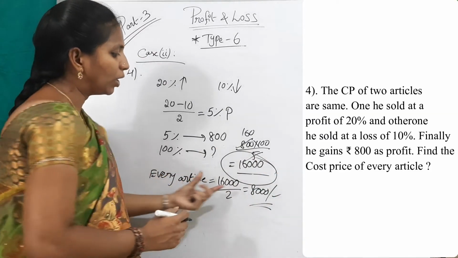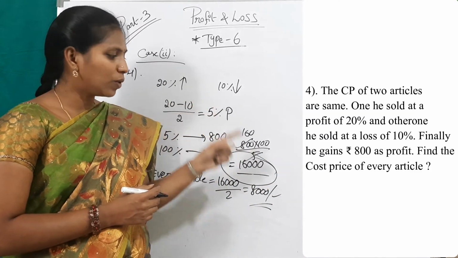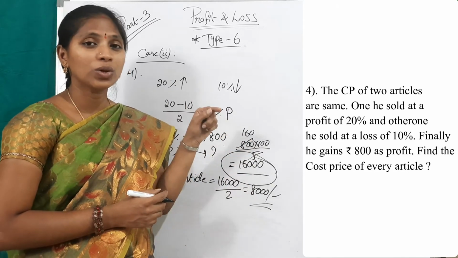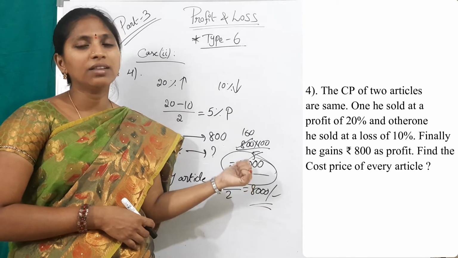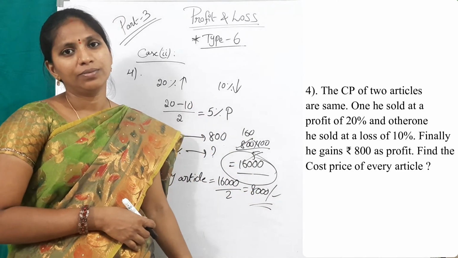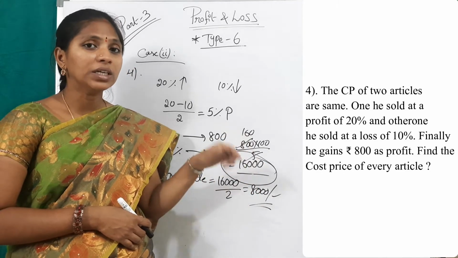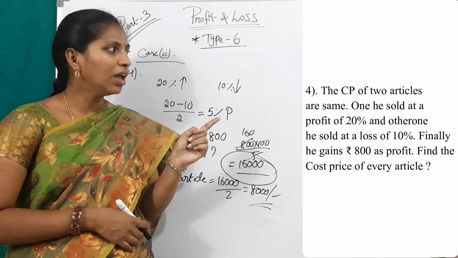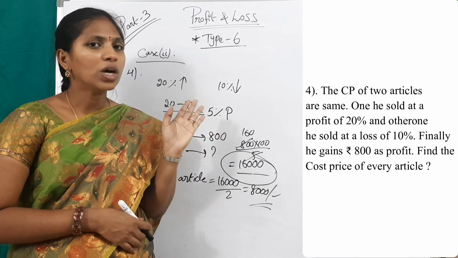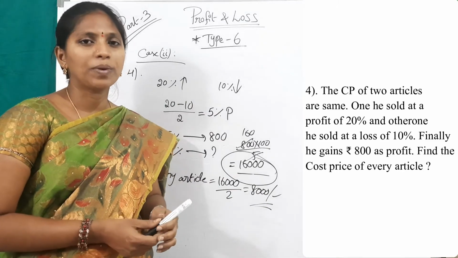This is very important because in the options of this question 16,000 is also there. By mistake, if you put that as your answer, that is wrong. This is the cost price for 2 articles, not for 1 article. In the question, they are asking the cost price of each article. So that is 8,000 rupees.